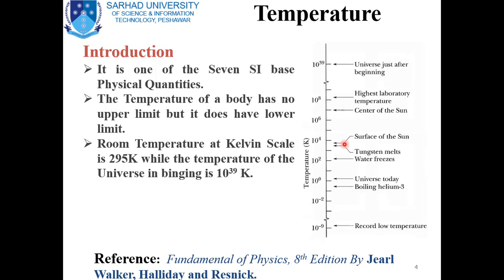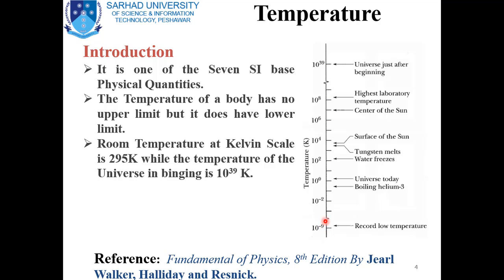A chart is shown on the right-hand side of the slide, in which temperature is drawn vertically, and you will see that the highest temperature, at the beginning of the universe, is recorded as 10 power 39, and the lowest recorded temperature in the laboratory is 10 raised to the power minus 9 Kelvin.